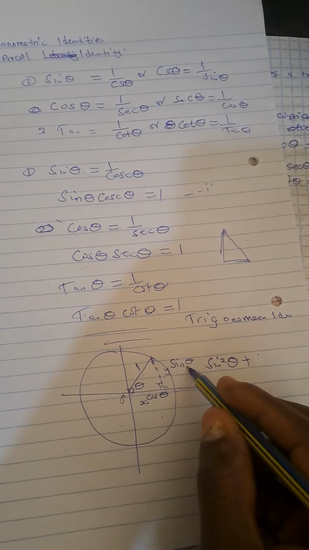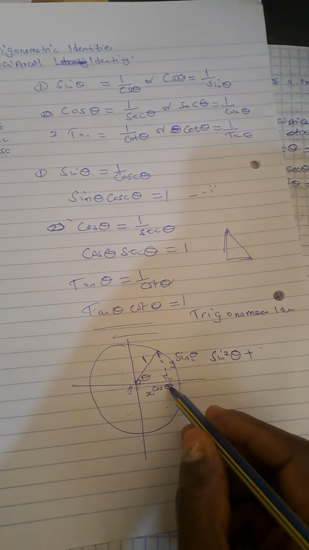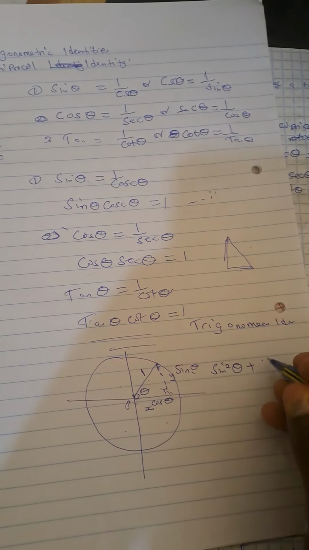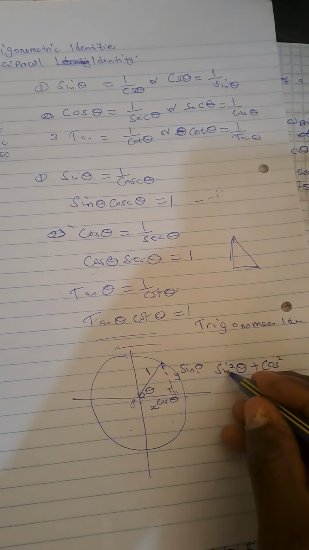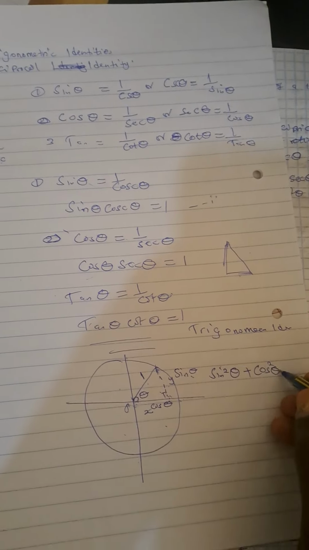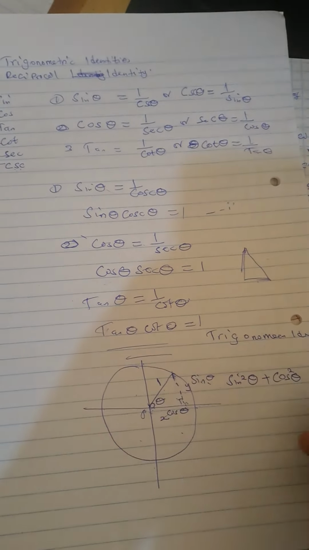I said the y is equivalent to sine, then the x is equivalent to cos. So sine squared theta plus cos squared theta should give us 1 squared, the hypotenuse, which is the radius 1.